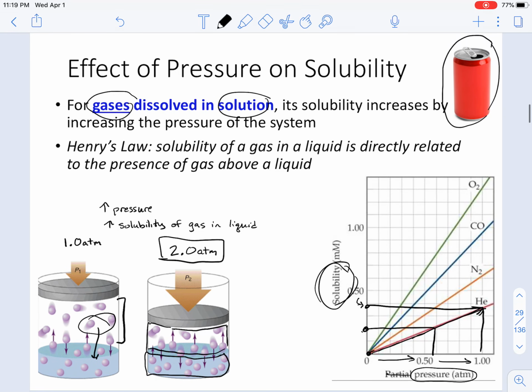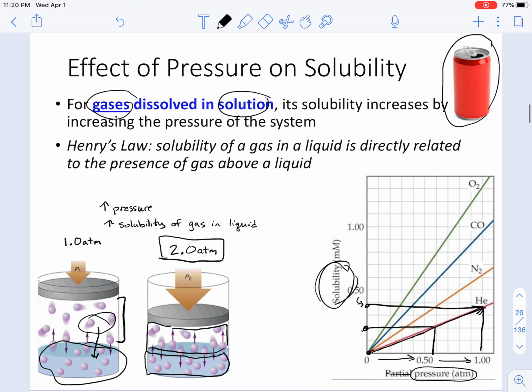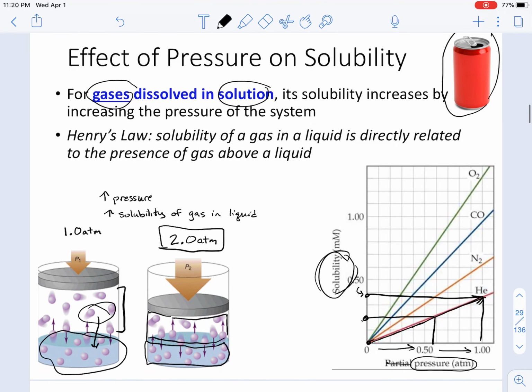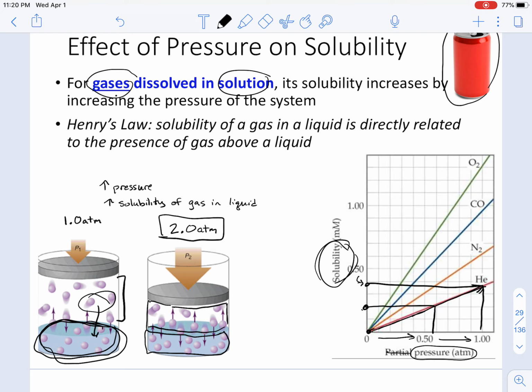So, for example, if you wanted to make your own soda, you're going to go ahead and take some sugary beverage that you like, and then you're going to go ahead and pressurize the system such that you're forcing the gas molecules, specifically CO2, to be dissolved in solution. And so once that system has been pressurized, there's going to be a lot of CO2 that's dissolved in the solvent that it wouldn't necessarily dissolve naturally.